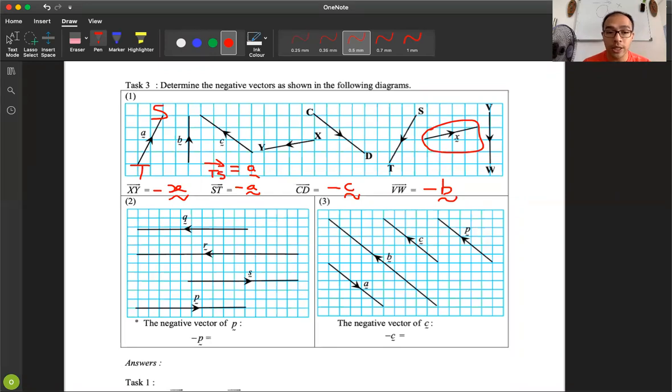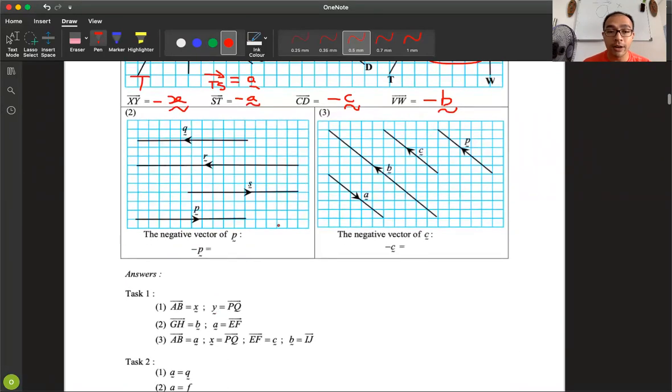Likewise, with question 2, the negative vector of P. Let's look at this. P has 1, 2, 3, 4, 5, 6, 7, 8, 9, 10 squares, 10 squares to the right. So we're looking for a vector, but 10 squares to the left. The same distance covered, but on the other side, in the opposite direction. So S cannot, because it is the same direction, so it's not a negative vector.